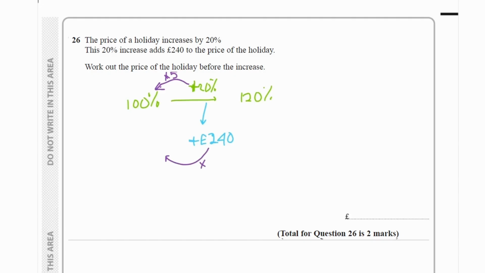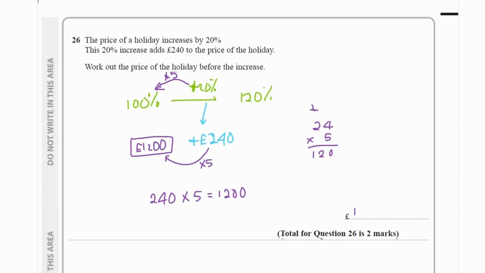So if we try to work that out, 240 multiplied by 5, we can first do 24 times 5. 4 times 5 is 20, and 5 times 2 is 10, plus the 2 is 12, which means 240 times 5 will be 1,200. So our final answer for this question is £1,200. We would get 1 mark for being able to recognize that we have to multiply by 5, and the second mark for getting a correct final answer of £1,200.